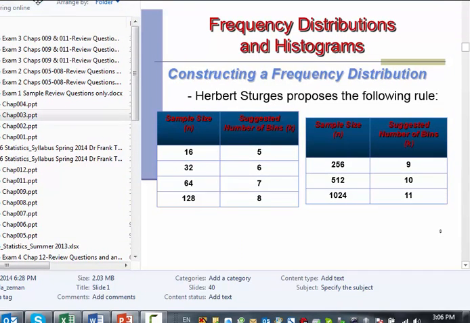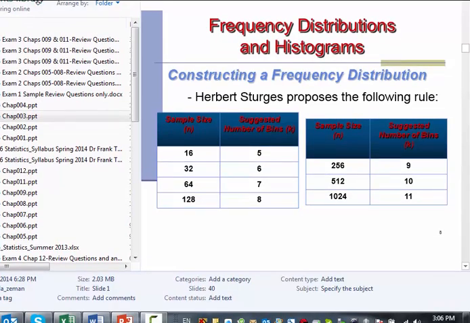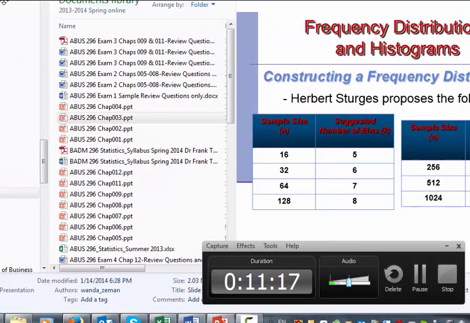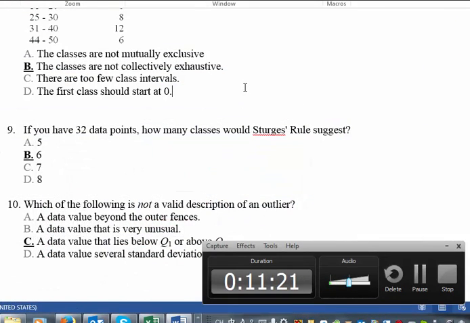For a sample size of 32, what do we see? Yes, we should indeed have 6 classes. Okay, so let's go back. If you have 32 data points, you should indeed have 6. So B is the correct answer.